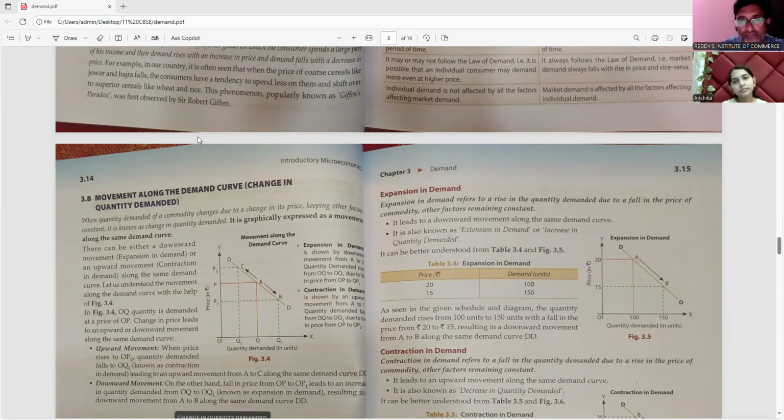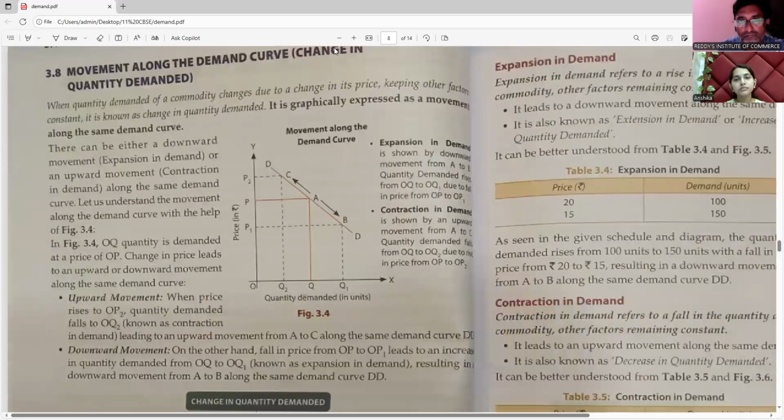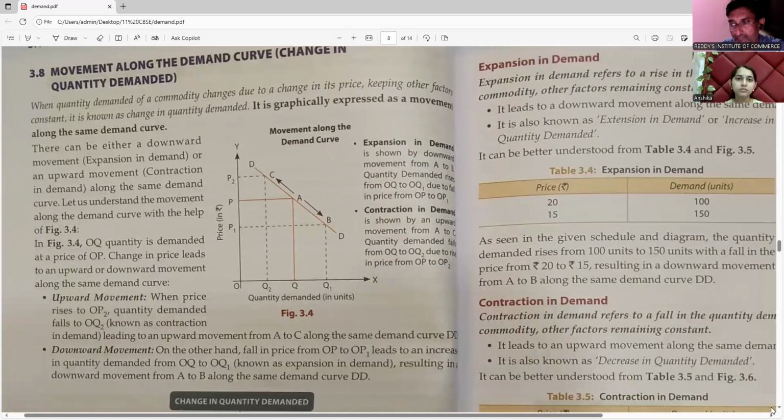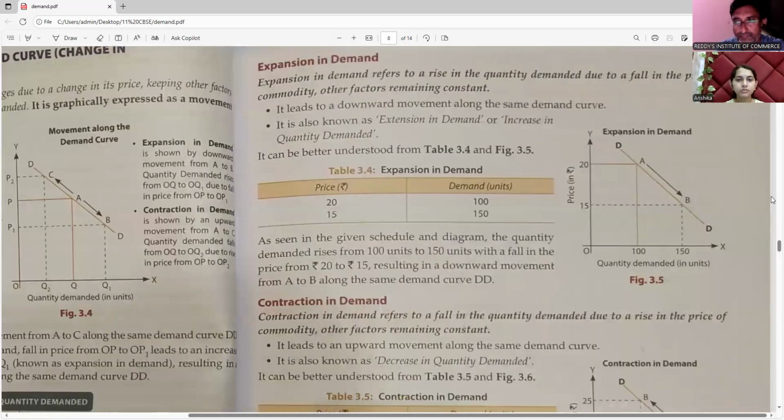Now again, see, here is the O axis, here is the X axis, and here is the Y axis.